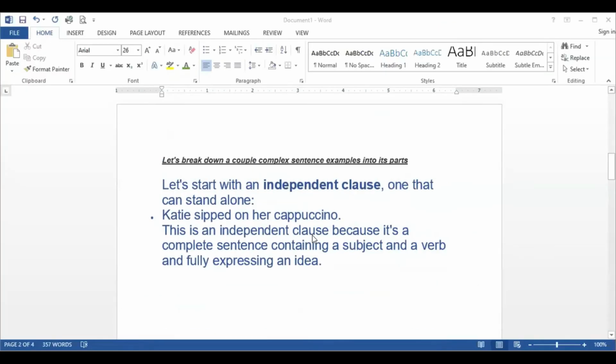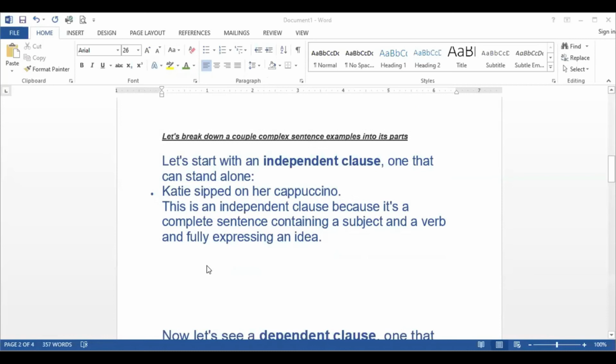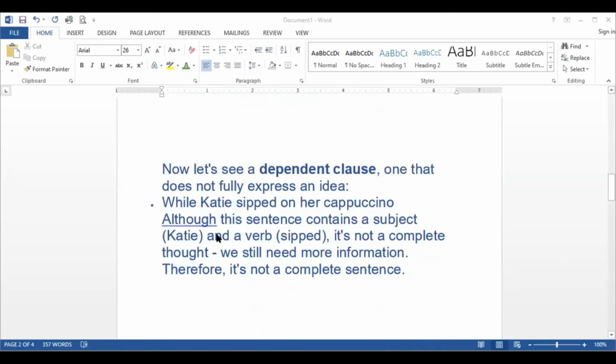The definition says that a complex sentence is made up of an independent clause and at least one dependent clause. This is an independent clause: Katie sipped on her cappuccino. And this explains what a dependent clause is: while Katie sipped on her cappuccino. An independent clause can stand independently as a sentence because it expresses a complete thought. A dependent clause cannot stand by itself as a sentence because it does not express a complete thought.